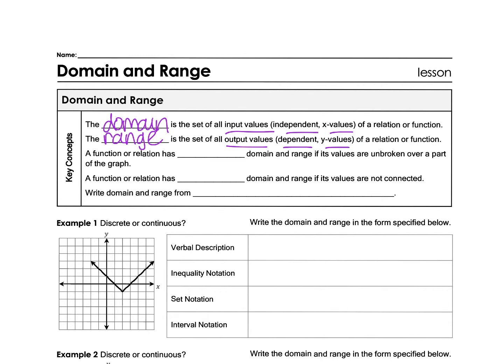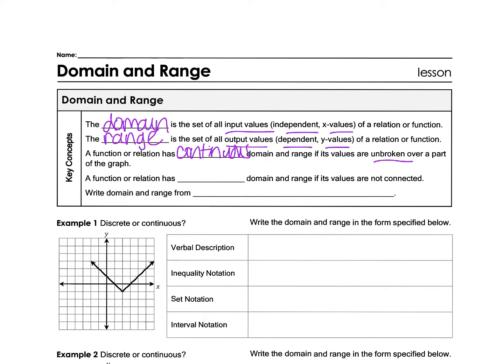It says a function or relation has blank, domain, and range if its values are unbroken over a part of a graph. That is called continuous. So it's considered a continuous domain and range if there's not any broken parts.